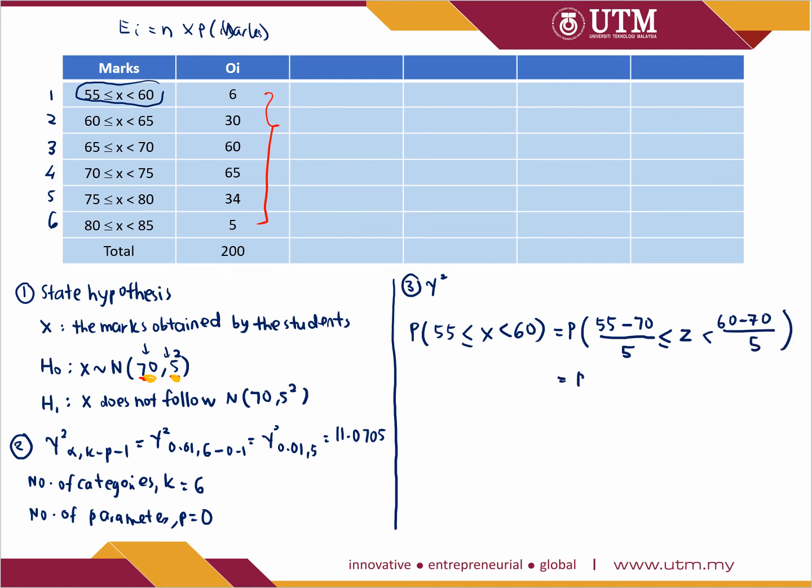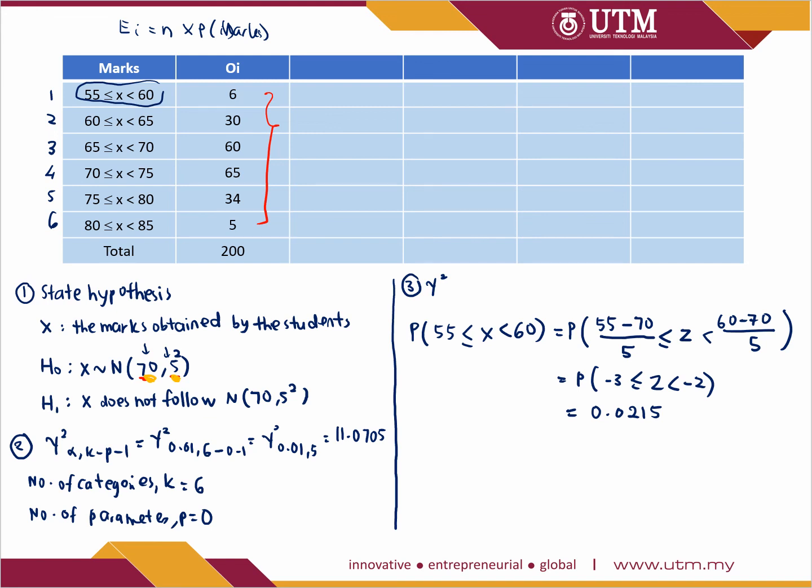So here would be the probability of negative 3, so the z-score from negative 3 to negative 2, and you will get the answer, which is 0.0215. This can be obtained from the standard normal table.